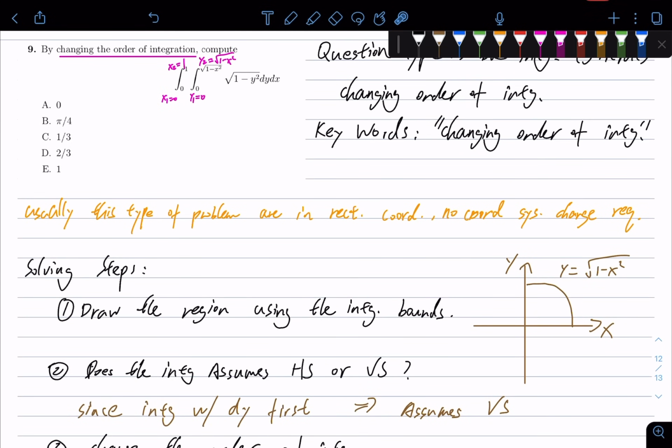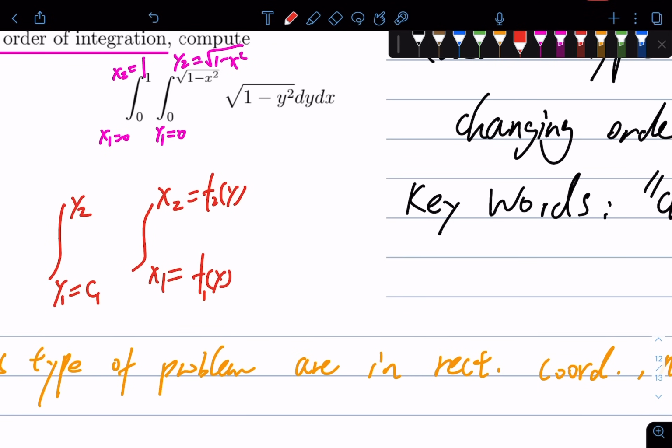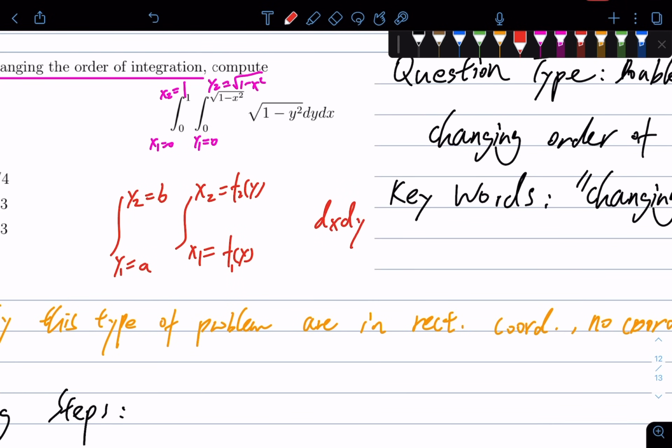So the inner bounds are going to be: x1 is a function of y instead of a function of x, and x2 is going to be the same thing. x1 equals f1 of y, x2 equals f2 of y, and then y1 equals a constant, y2, or just call them a and b. Right, and then dx dy.